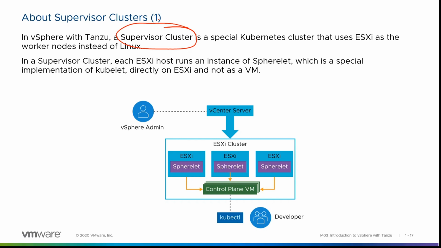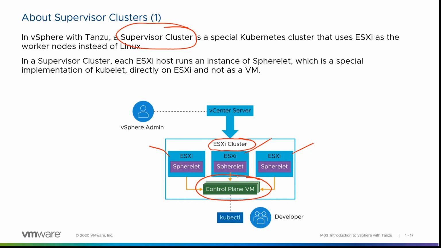When we refer to this as my supervisor cluster, you can see down here I've got a series of ESX hosts. This is an ESX cluster, or a vSphere cluster, that I've turned DRS and HA on. I've told EAM to go off and deploy on that cluster a series of these control plane VMs that are going to act as my master nodes of Kubernetes.